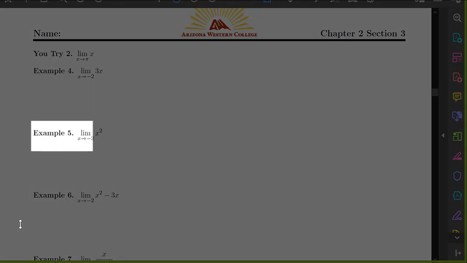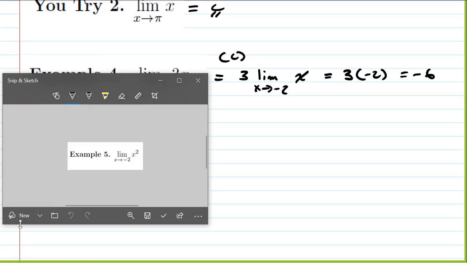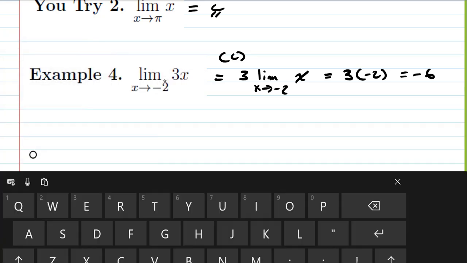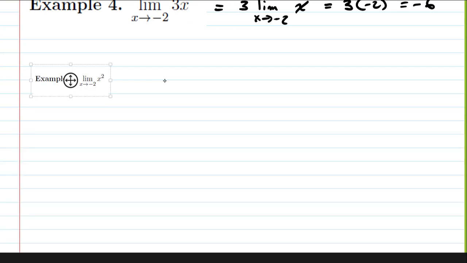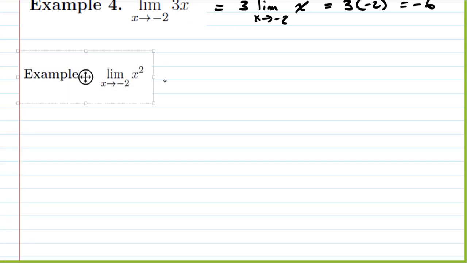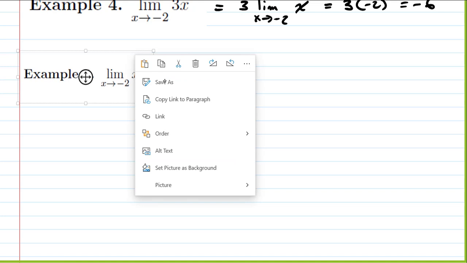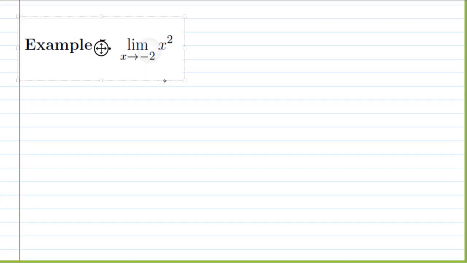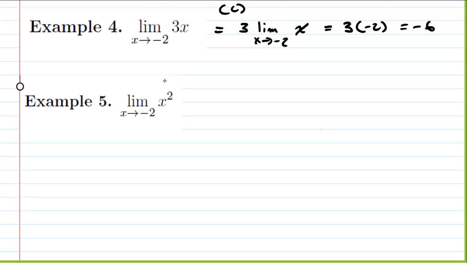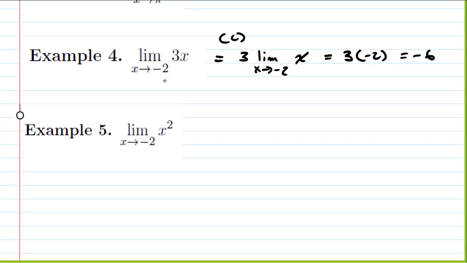All right, so then example 5. We're going to do the same thing.